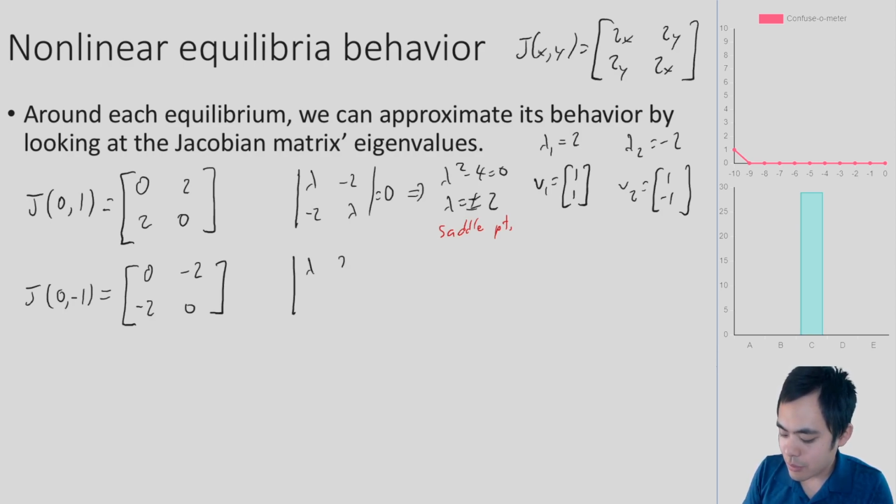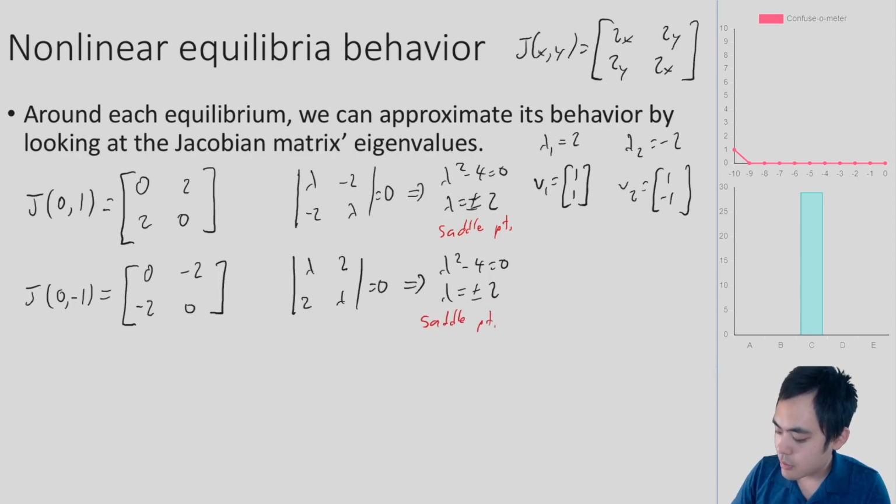And so that's going to be determinant of [-lambda, -2; -2, -lambda] equal to 0. You again get lambda squared minus 4 is equal to 0, so lambda is equal to plus or minus 2, and we get another saddle point. It turns out that for lambda 1 equals 2, the eigenvector here, which I'm not going to compute, but you know how to do that by now, is going to be (1, -1). And the other eigenvector, for minus 2, is going to be equal to (1, 1).